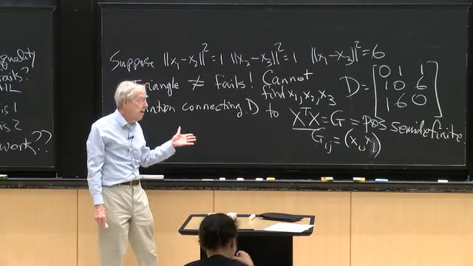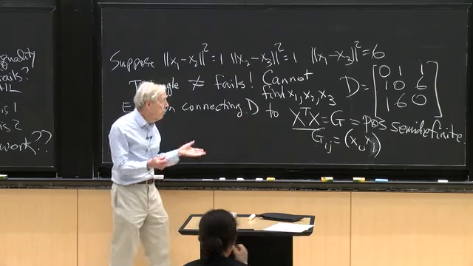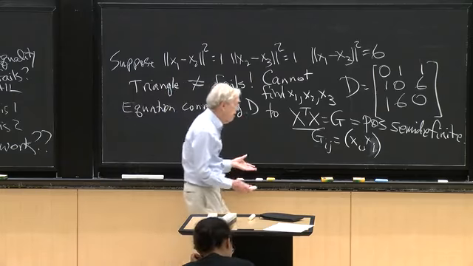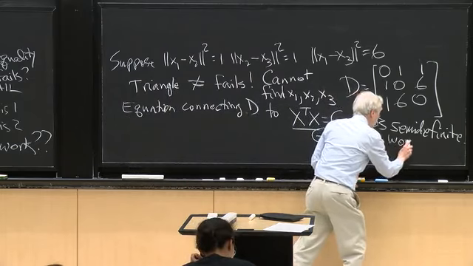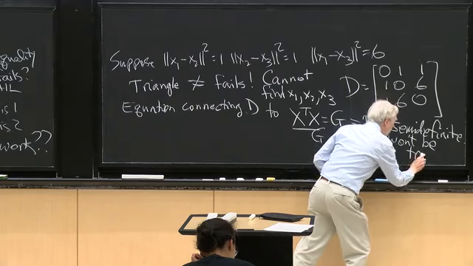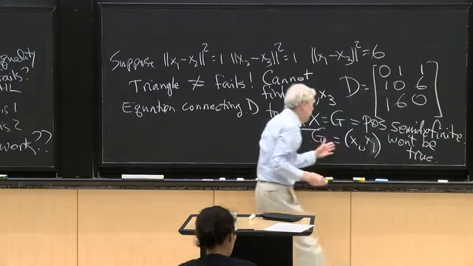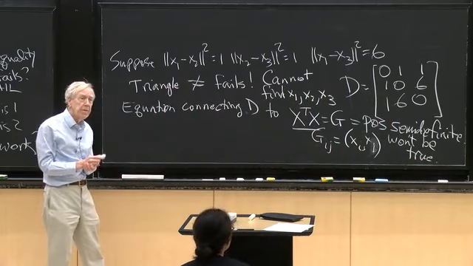We can find an X given a G, and we can find G given an X. So it has to be that the matrix G that comes out of that equation will turn out not to be positive definite.